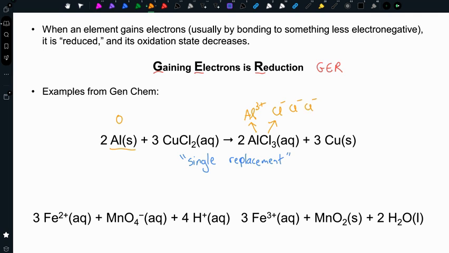So notice that the aluminum has gone from a charge of 0 to a charge of 3 plus. We would say aluminum is oxidized because its charge is going up. It's losing electrons.